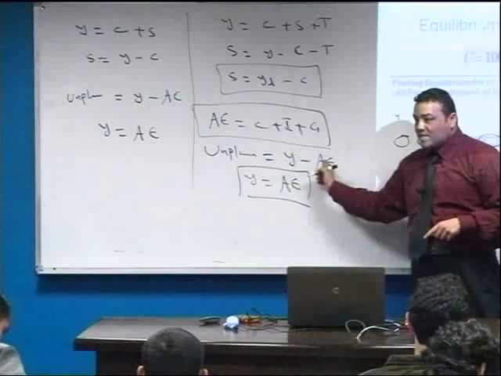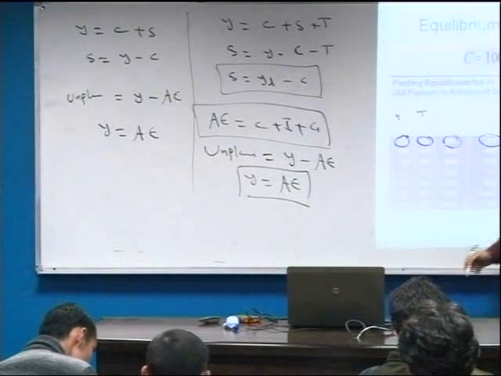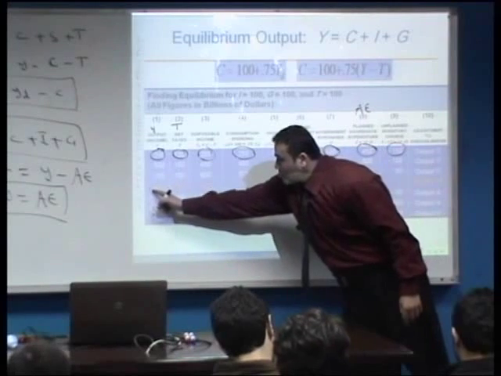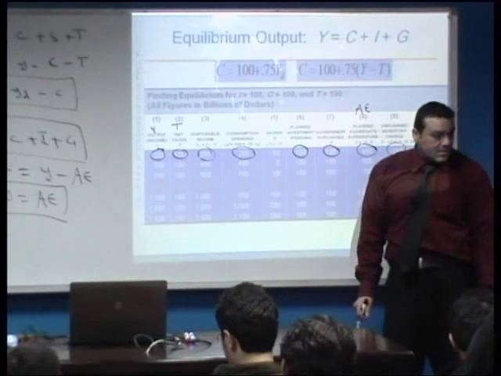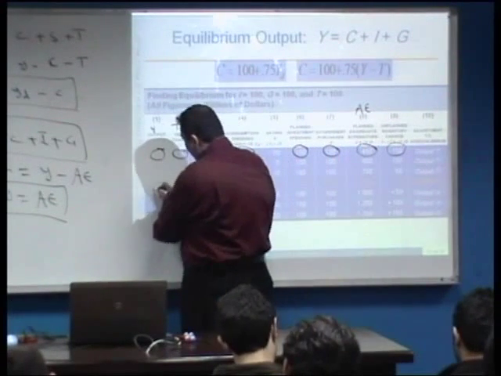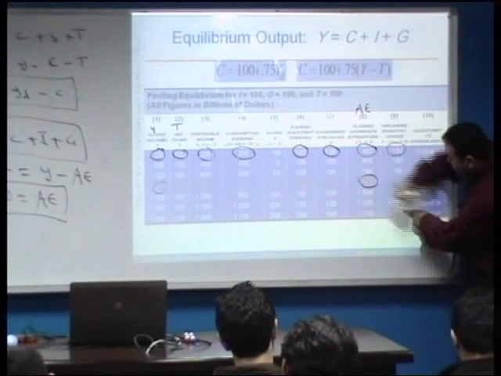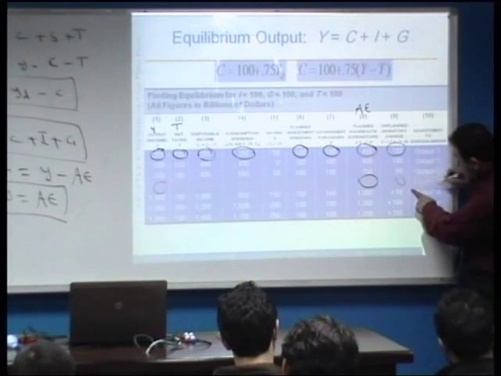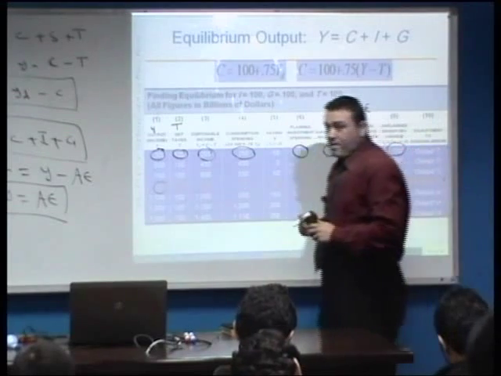Because when Y equals aggregate expenditure, the unplanned inventory change equals 0. It's this case, when the aggregate output equals $900 million. So in this case, Y equals $900 million and the aggregate expenditure equals $900 million. So the unplanned inventory change equals 0, and this is the equilibrium point.